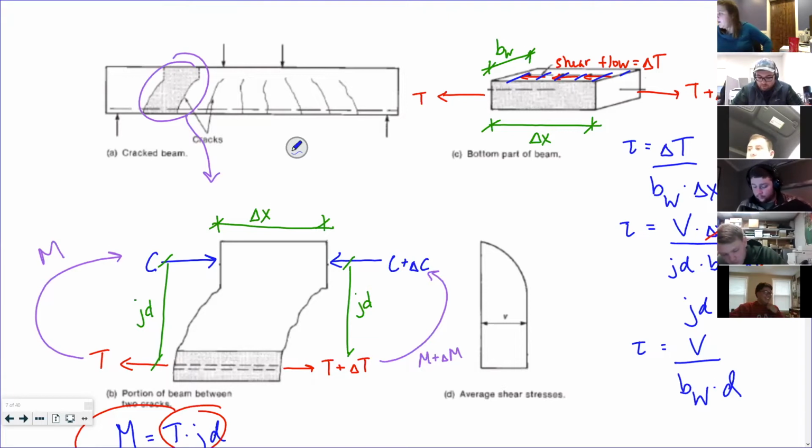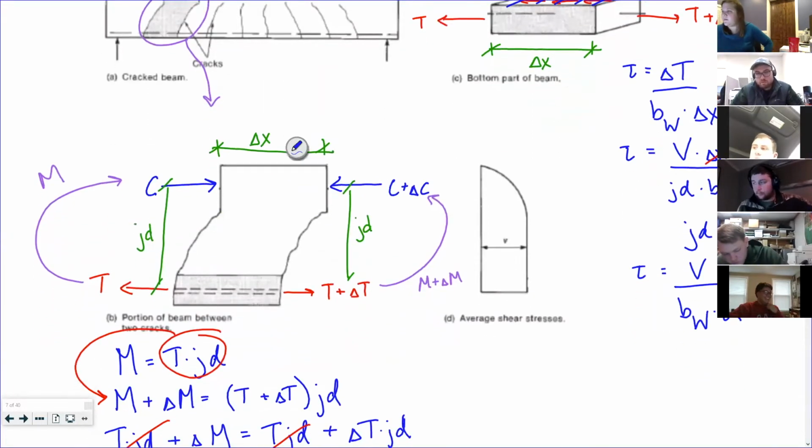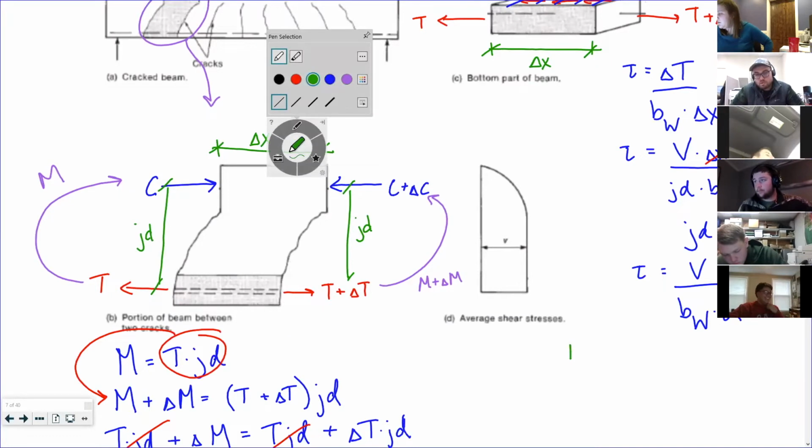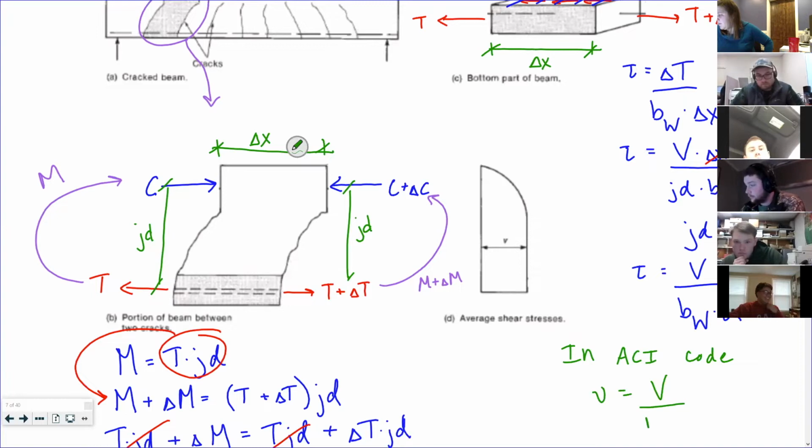In the ACI code, we're going to swap out that tau for v. It's the same equation.